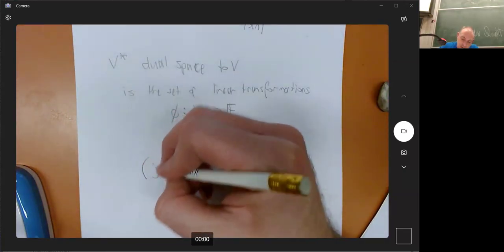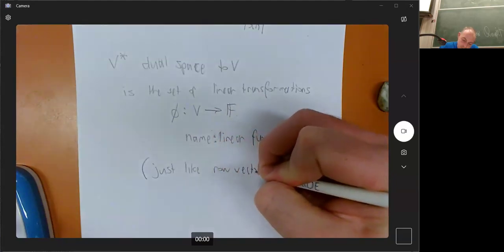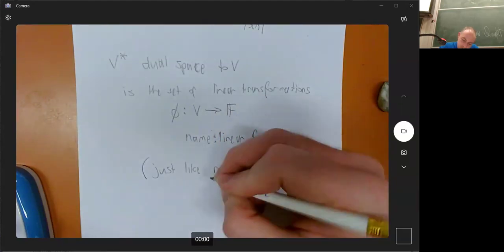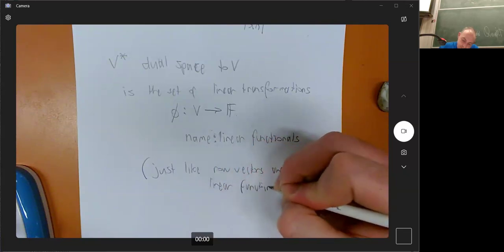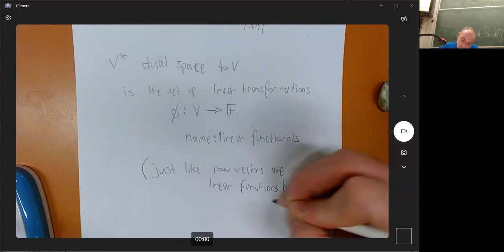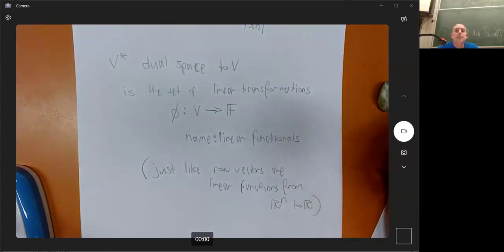So that is what the dual space is. And it turns out that the dual space is isomorphic to the original space.